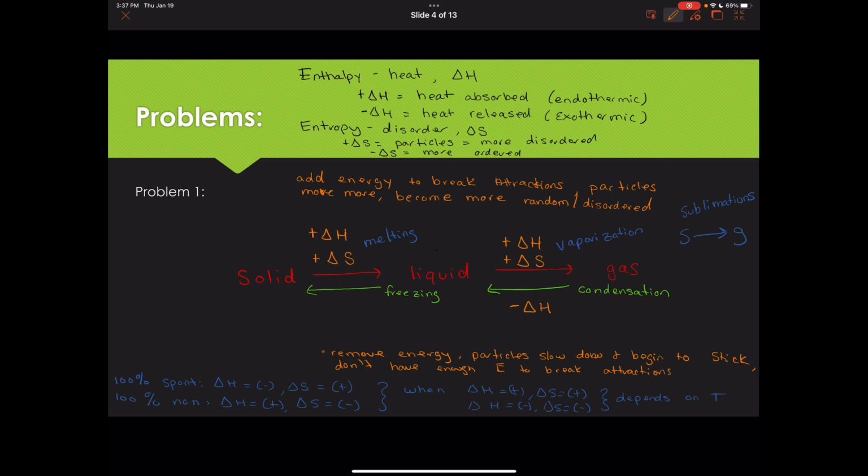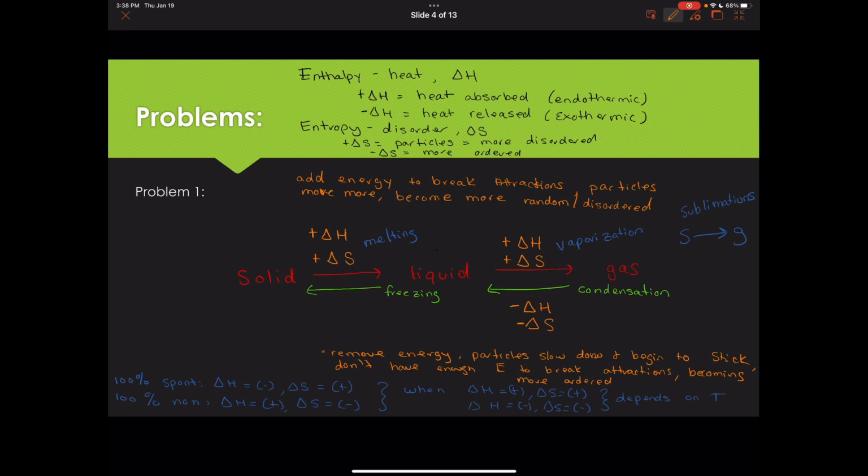That's how we're going to go from that gas to that liquid phase. We're going to remove enough energy that particles begin to stick, but we still have some energy to break some attractions, so we have some motion. But as particles begin to stick, they're no longer moving around freely. They're going to become more ordered. And if they're becoming more ordered, we have a negative delta S.